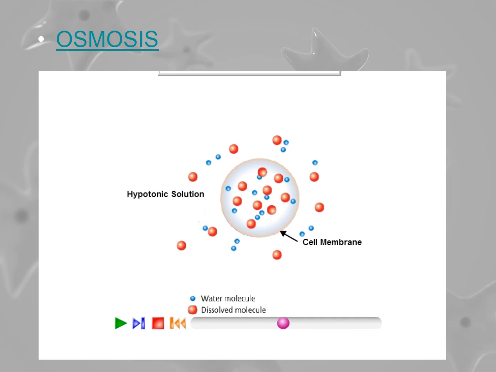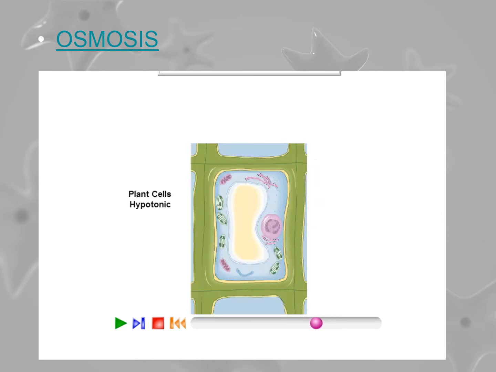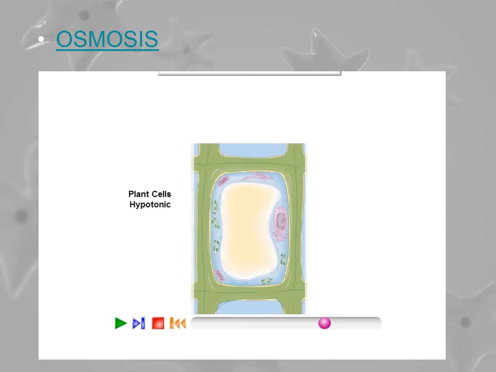In a hypotonic solution, the concentration of dissolved substances is higher inside the cell than outside the cell. Water passes through the cell's plasma membrane into the cell, causing the cell to swell. In plant cells, the plasma membrane swells and presses against the fairly rigid cell wall, preventing the cell from bursting.